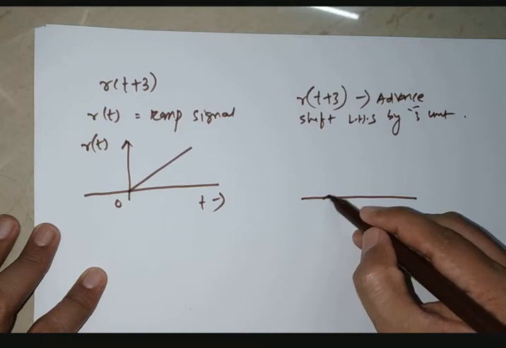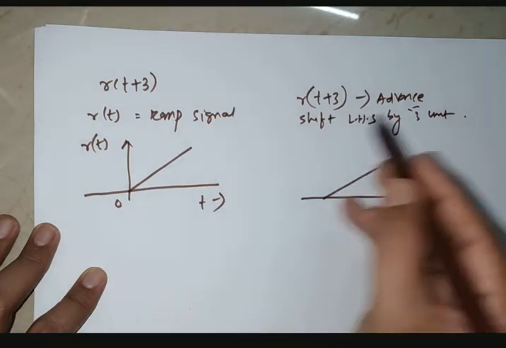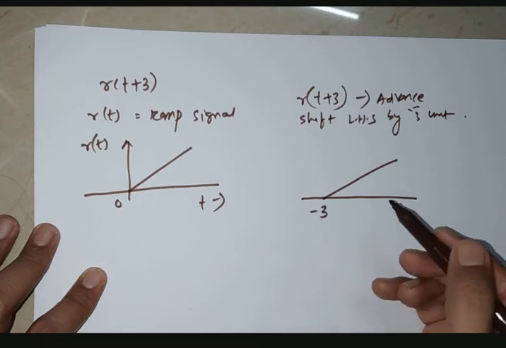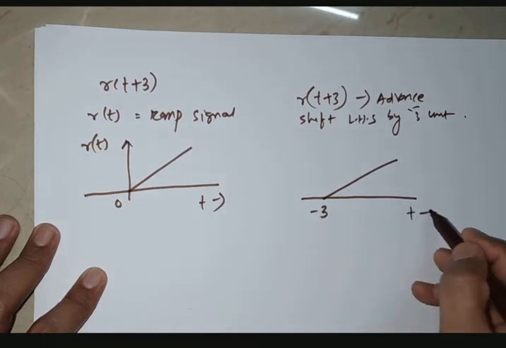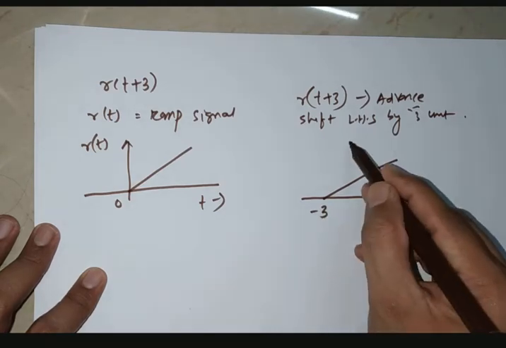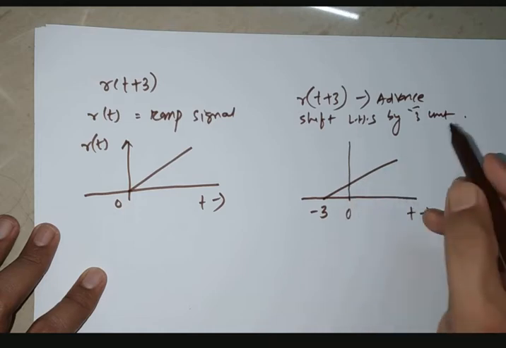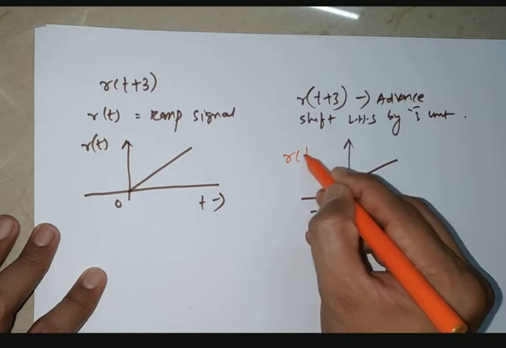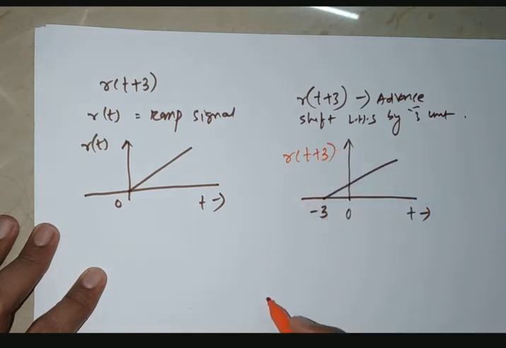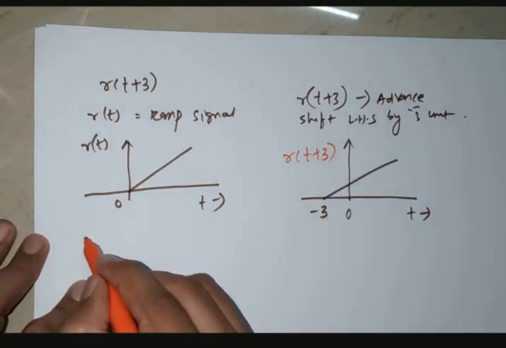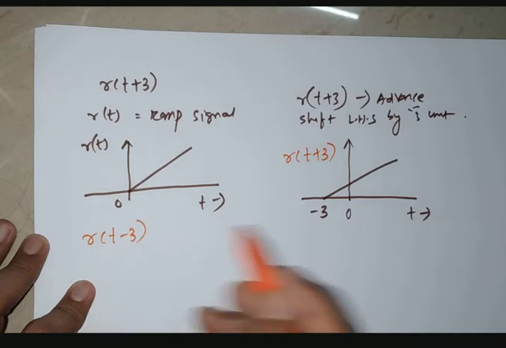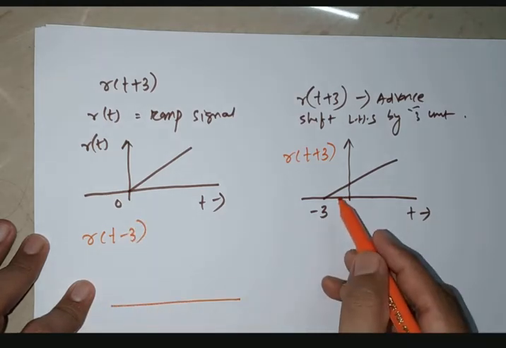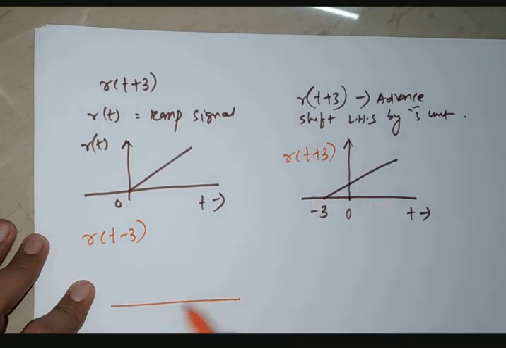Now what type of signal will get? Like this. Now starting from 0, now you have to shift left hand side by 3 unit and then it is minus 3. Okay, clear? So this is your r of t plus 3. Similarly, if you want to find r of t minus 3, again same signal, but instead of left hand side you will shift right hand side by 3 unit.